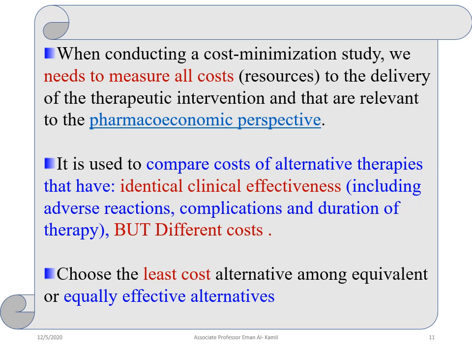So we are going to choose the one with least cost alternative among equivalent or equally effective alternatives. So we learned cost minimization. It is used in pharmacoeconomics, and if we have two drugs or two alternatives which have the same tolerability, duration of action, dose, and complications, we are going to compare them regarding the cost, and we are going to choose the one which has least cost.